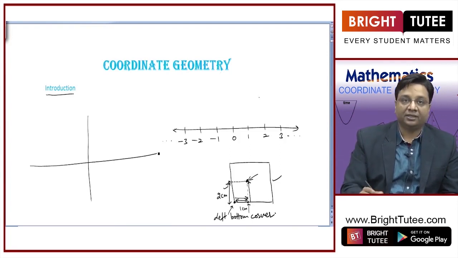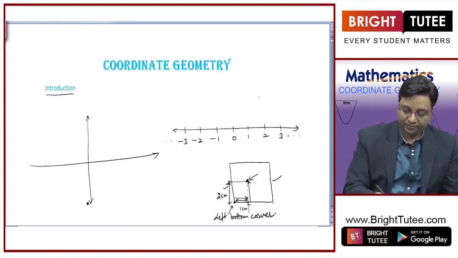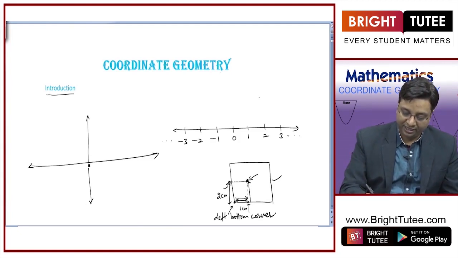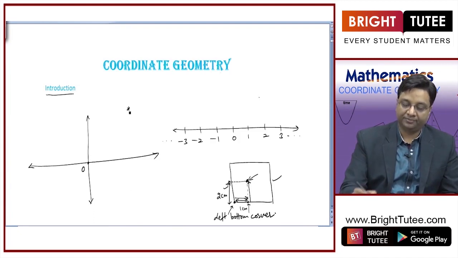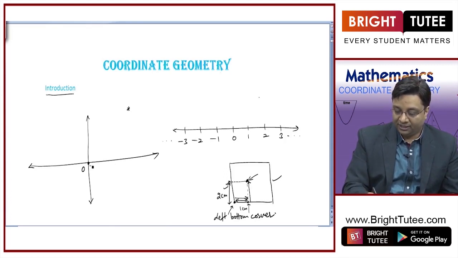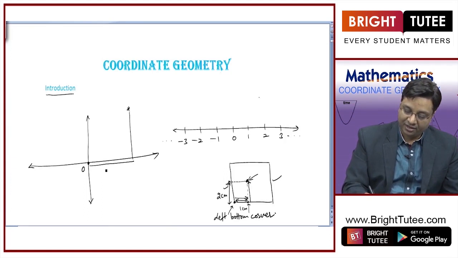If you see the map, right, and if you divide it into parts and you set a reference point for yourself, let us say this is the reference point and that office is here. Okay, from the reference point that you have chosen, you can say that this is x units and this is y units.